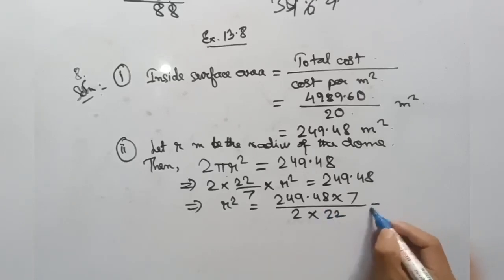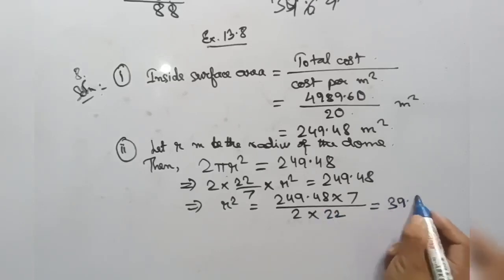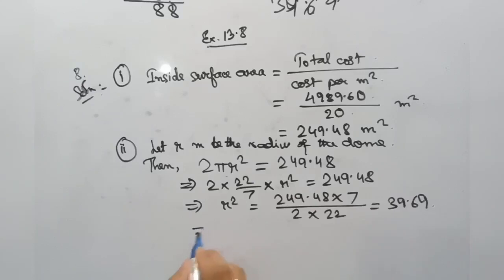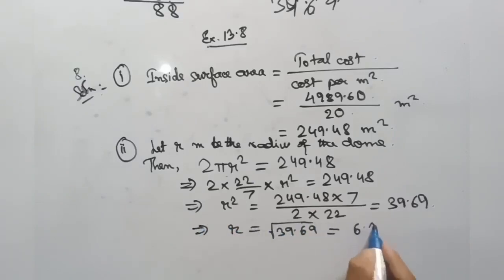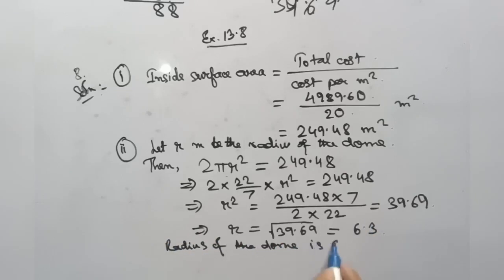Simplifying this, we will get 39.69. This implies r will be square root of 39.69, which is equal to 6.3. So the radius of the dome is 6.3 meter.